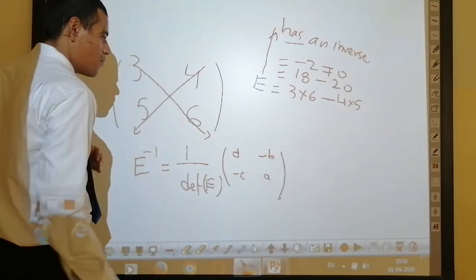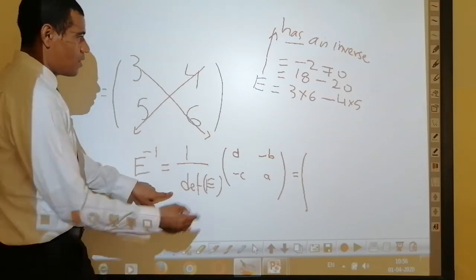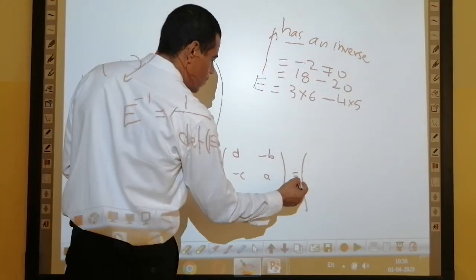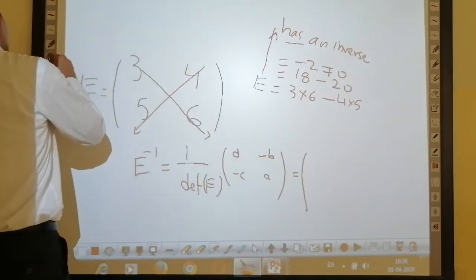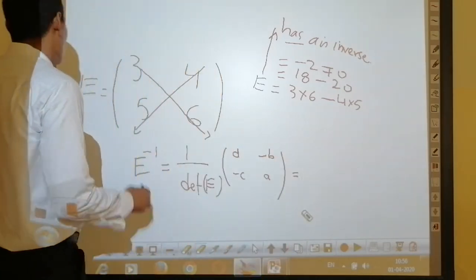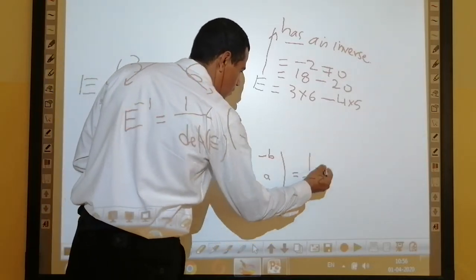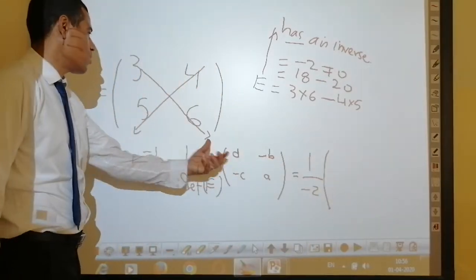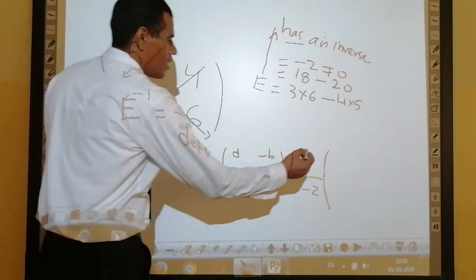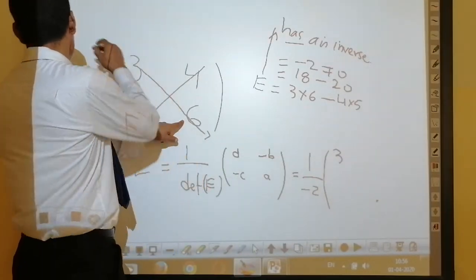Okay? So I will write it here. 1 divided by the determinant, which is negative. Okay. Determinant, I will write 1 divided by -2 multiplied by the adjoint. What is the adjoint? 6 I will write here, and 6 I will write here.